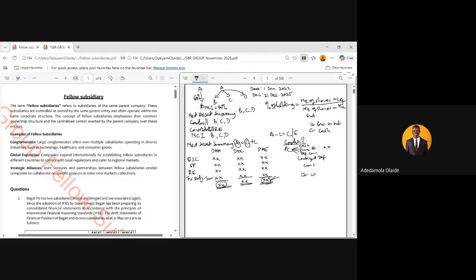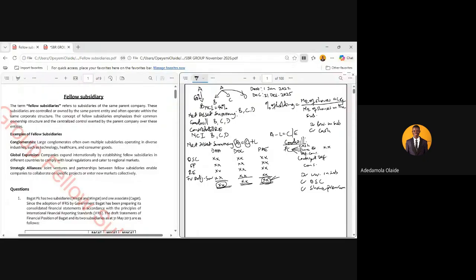But having debited investment in subsidiary, being the asset you bought, you credit ordinary share capital of the parent with whatever value the share capital you got from the shares you are selling, and credit share premium account with whatever premium, whatever excess over the share nominal value you get from the acquisition. That is for share exchange as purchase consideration.